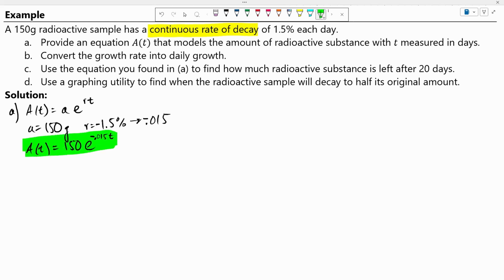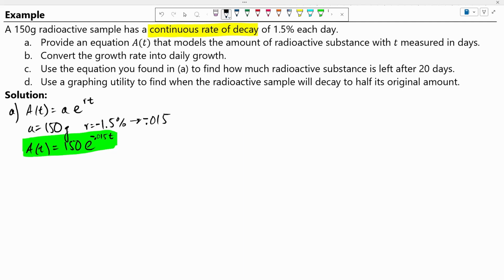Now, I want everybody to take a look at this, right? In the previous example, we did financial stuff, right? But financial is not the only application for exponential things. This is something from physics. This is something from chemistry. Okay. This is radioactive samples. We do have radioactive stuff around us, right? Okay. Next part.